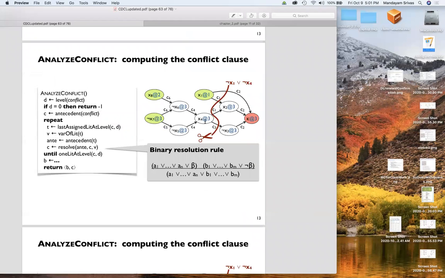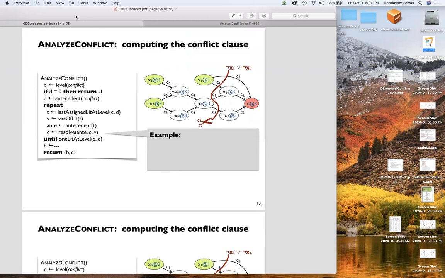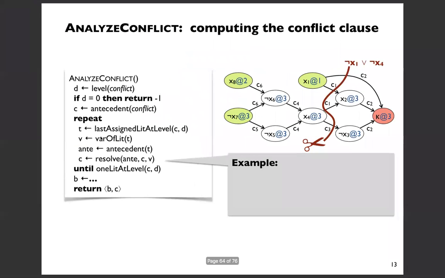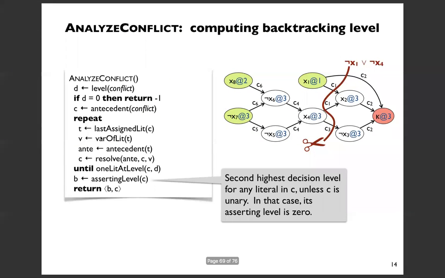See this, when you have a unique implication point, it covers a lot of different combinations of the things. But if you don't, then it will not be an asserting clause. So that's what, and therefore, we already saw that.